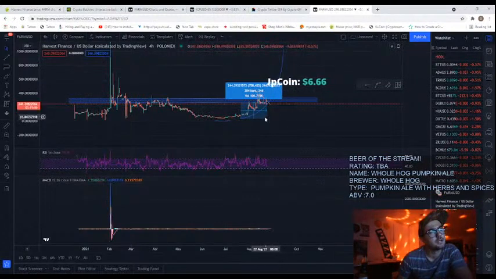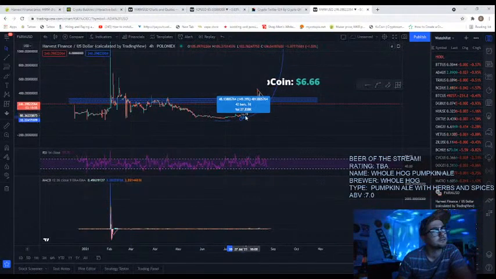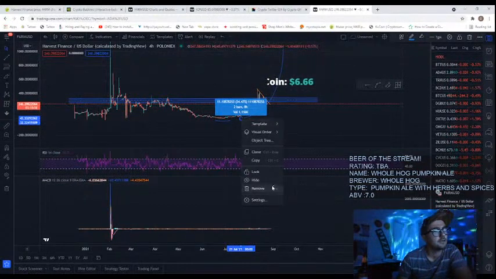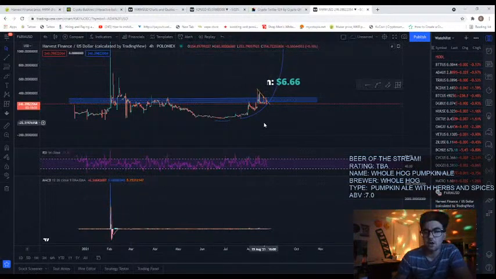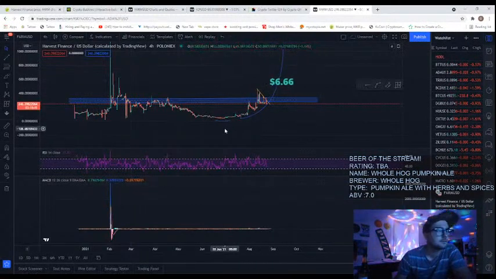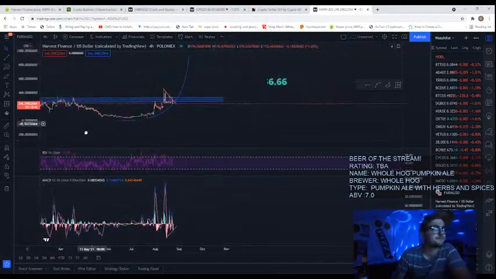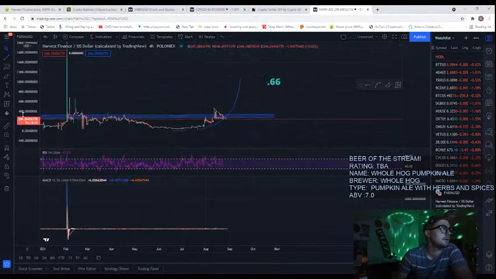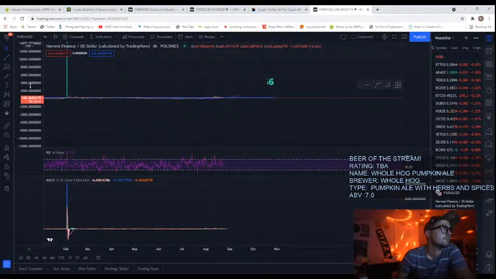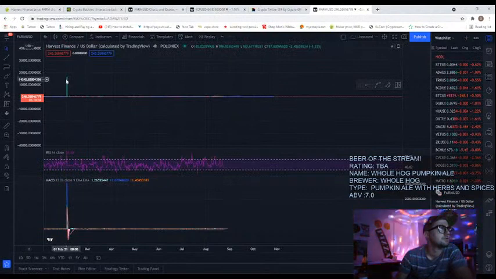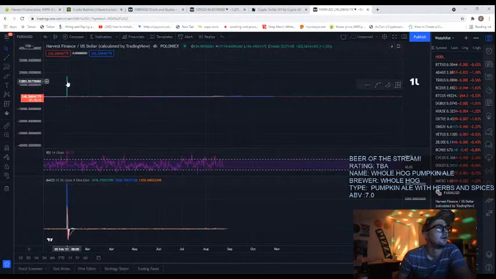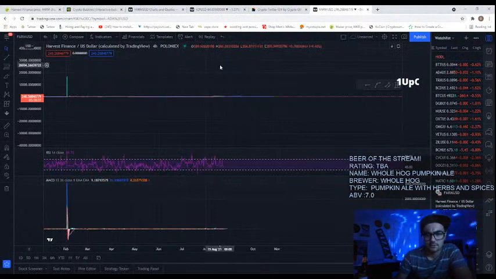And it's definitely gone parabolic. I don't think it's done. But it might consolidate or it might sell off a little bit. There's a very low supply. So as this thing is bottomed up, it's going to keep taking off on the farm harvest coin. This thing hit all-time highs of, man, it's up there, $17,000 per coin.